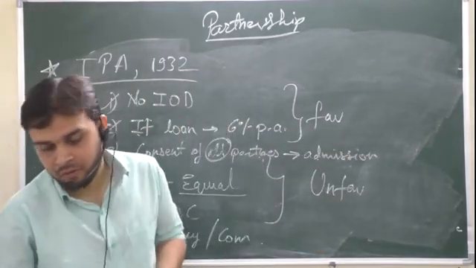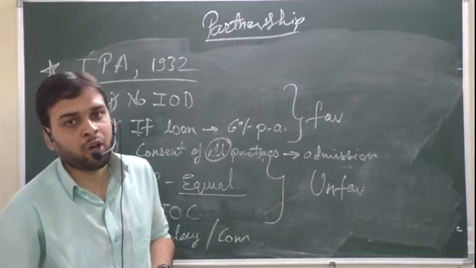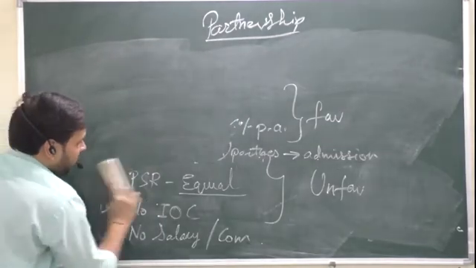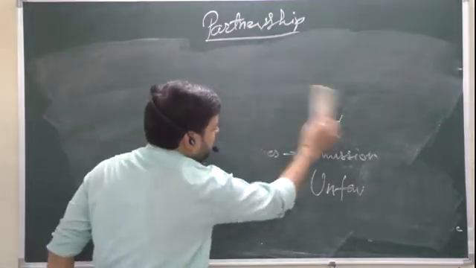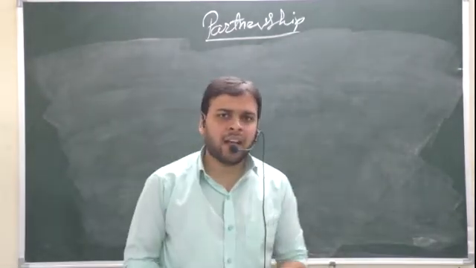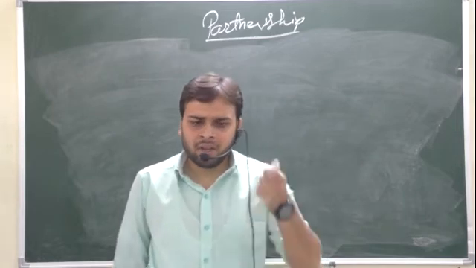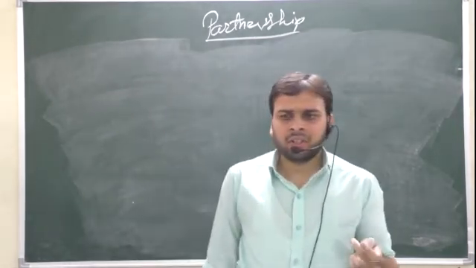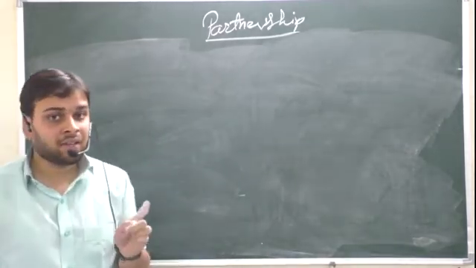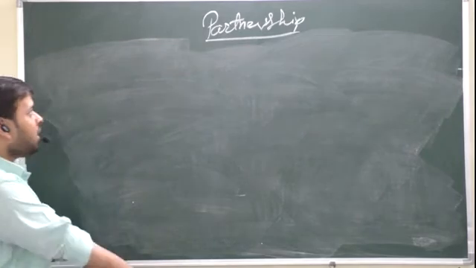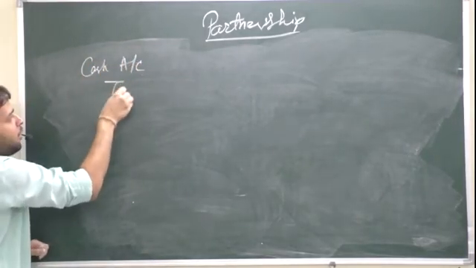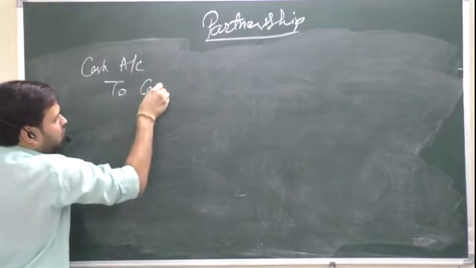Okay, now we are moving towards our fourth topic, that is profit and loss appropriation. Before moving to that, have a look at the journal entries at the time of a partnership firm. As you know, the journal entry for the capital contribution by a sole proprietor, as he is a single person, is the normal entry: cash account debit to capital account.